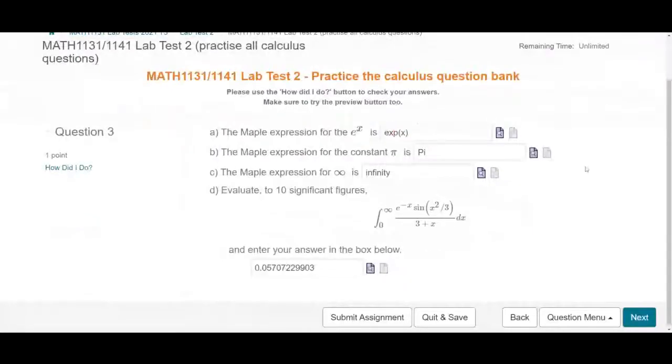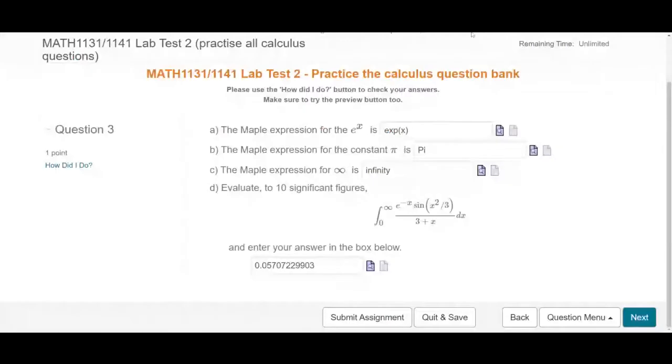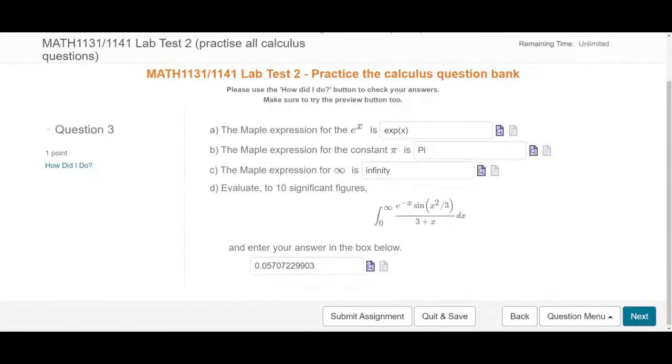All right, so this one looks like an integration question. Okay, and this integral here is way too hard to do by hand. So, Maple to the rescue. So let me just pull this up.